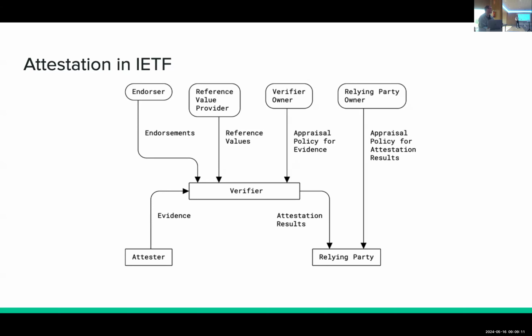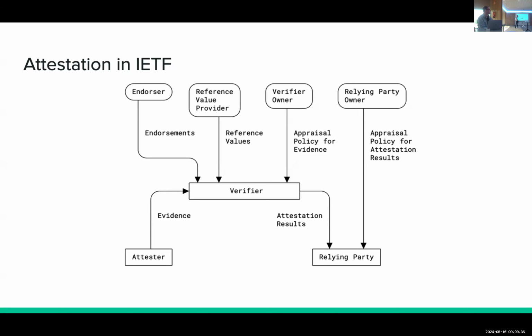And the golden values that I talked about, or the set of measurements, are here called the reference values, and the entity providing that is the reference value provider. It could also have additional policies in order to check that everything is satisfied, so that's basically the verifier owner providing the policy for this part.